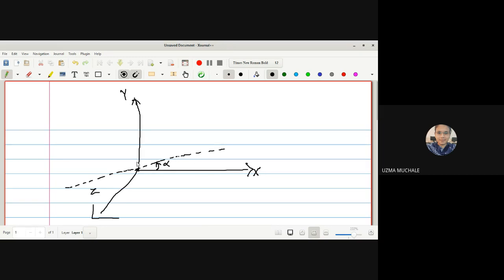And what will be the angle beta? It is nothing but this one, correct? So this is angle beta, and for z this is gamma. So these are cos alpha, cos beta, and cos gamma. That's why it is called a direction cosine.